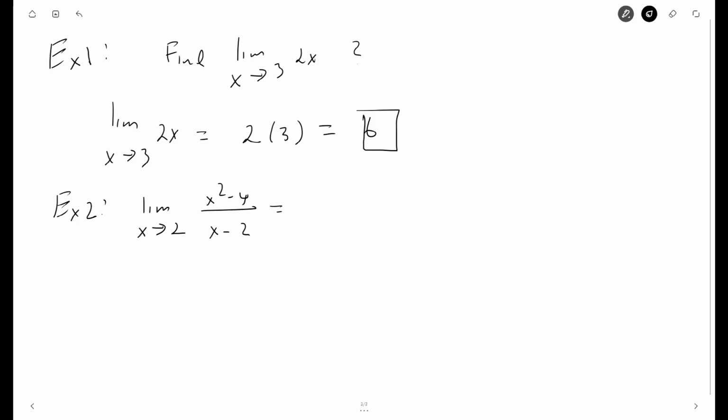So we need to do something about this function to make it work. So we can say something like limit as x approaches 2, and we can factor x squared minus 4 as x minus 2 times x plus 2 over x minus 2.